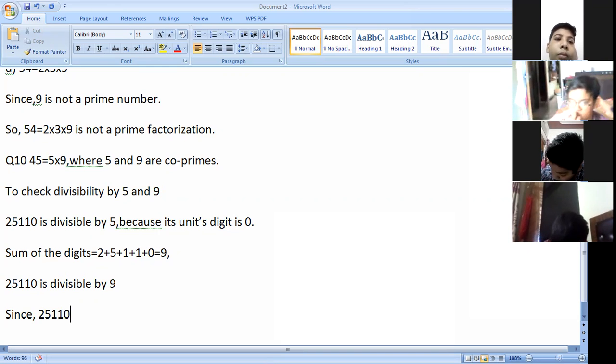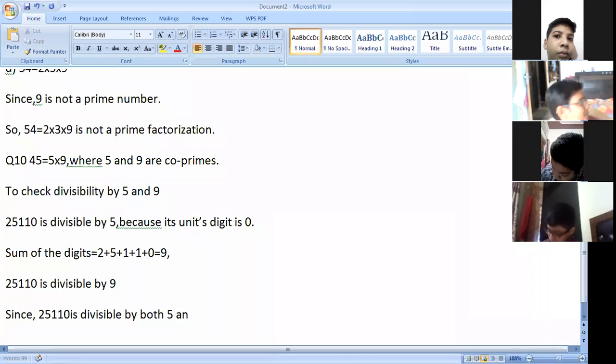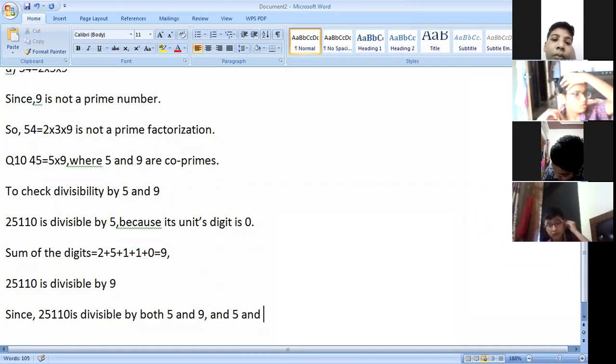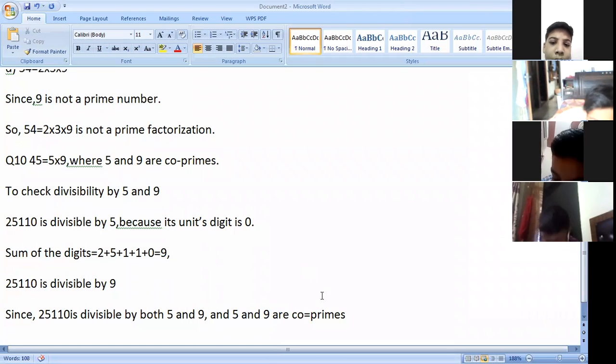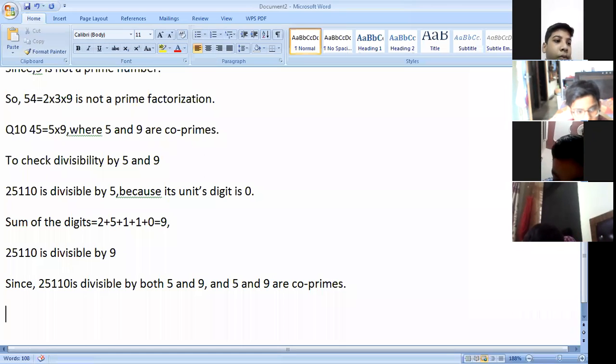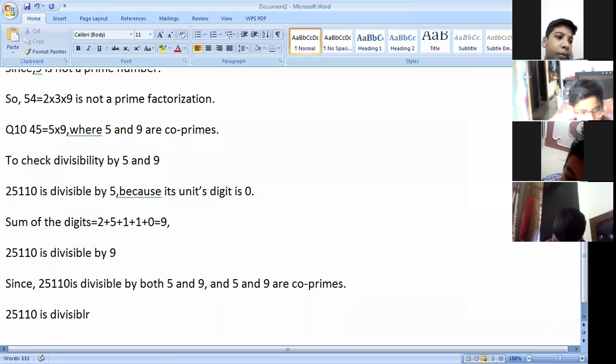Since 25110 is divisible by both 5 and 9, and 5 and 9 are co-primes as well, we can say that 25110 is divisible by 45.